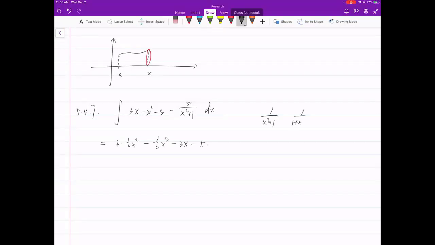That's going to be tangent inverse. Okay, so that's actually a formula.